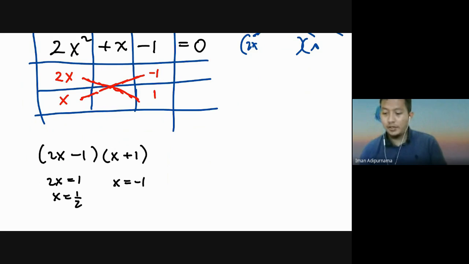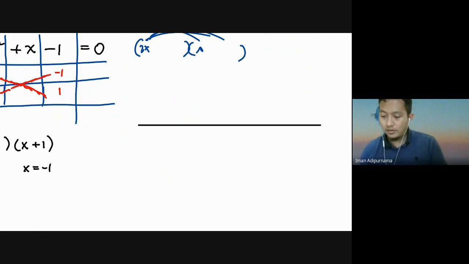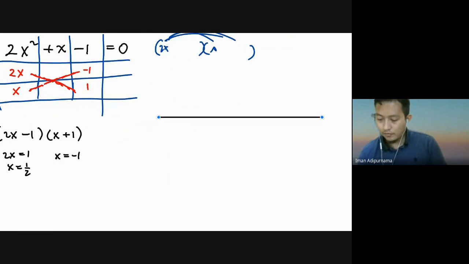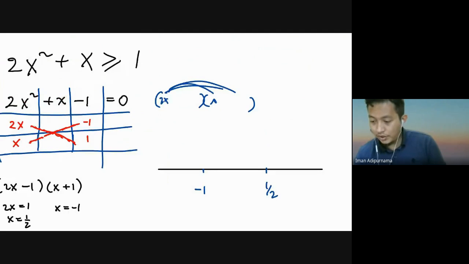Okay, and then going to the number line. You need to take out, or your goal is to make this greater than or equal to 0.